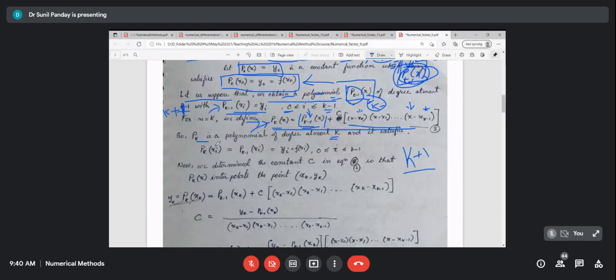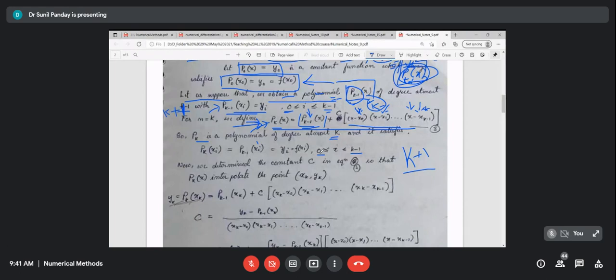If I substitute x equal to x_i in equation 3, where i goes from 0 to k minus 1: if x equals x0, due to this factor, this term is 0. If x equals x1, due to this factor it is 0. And for x equal to x_{k-1}, due to this factor it is 0.